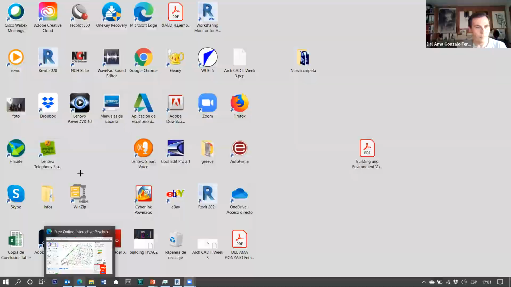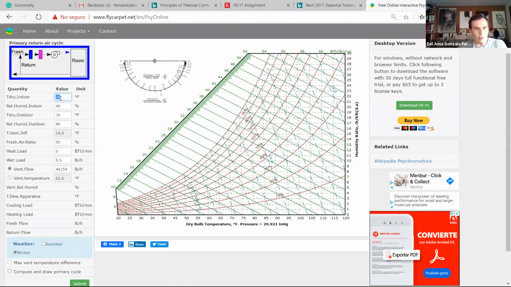Where are we here? Okay, so indoor conditions, Fahrenheit, temperature, relative humidity. Outdoor conditions, temperature, relative humidity. Fresh air ratio, this is the efficiency of this device, the heat recovery, let's say 50.